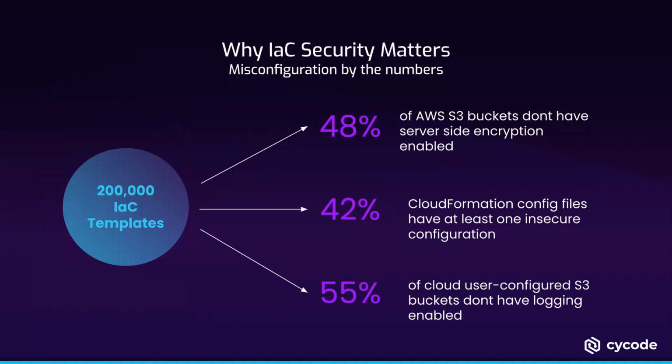More than 40% of CloudFormation config files have at least one insecure configuration, which is, again, almost 2/3 of these numbers. And the last and very important number to back up our claim is that almost 60% of cloud users' configured S3 buckets don't have logging enabled.